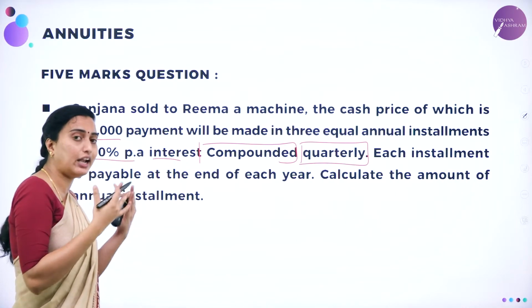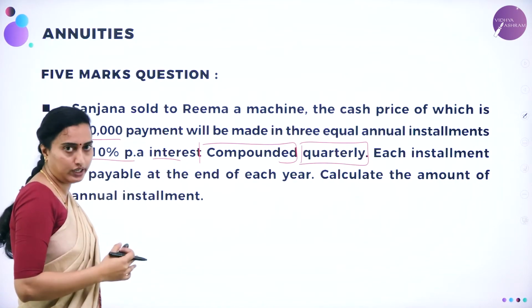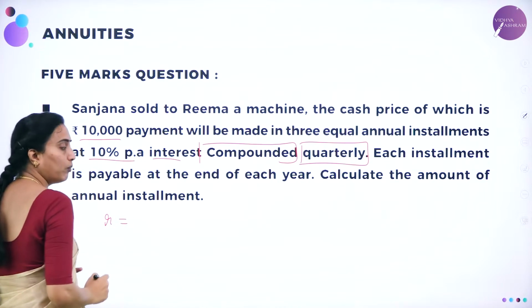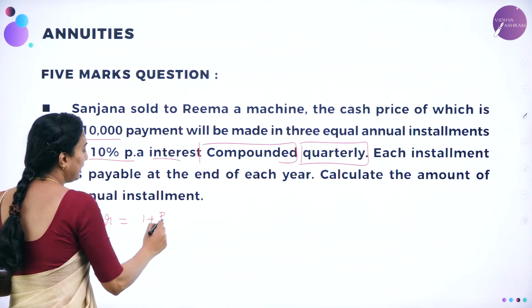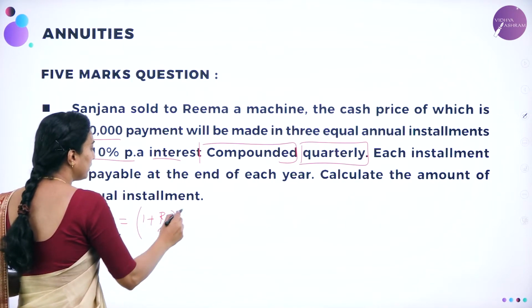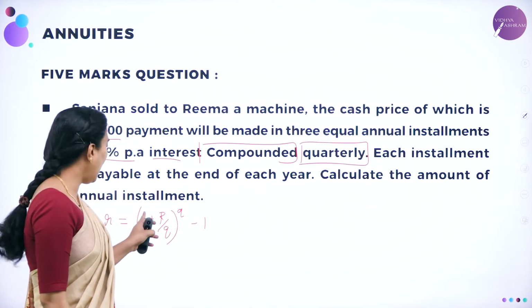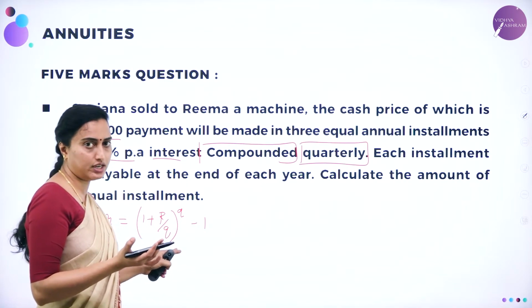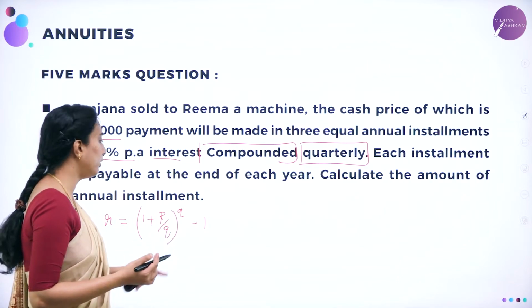Let me calculate the rate of interest, that is the effective rate of interest. So the effective rate of interest is given by the formula R is equal to 1 plus capital letter R divided by Q, whole to the power of Q, minus 1. Where R is the rate of interest, Q is the number of times compounded per year, quarterly or half yearly, you are going to take it as yearly. Quarterly they have given, so Q will be equal to 4.